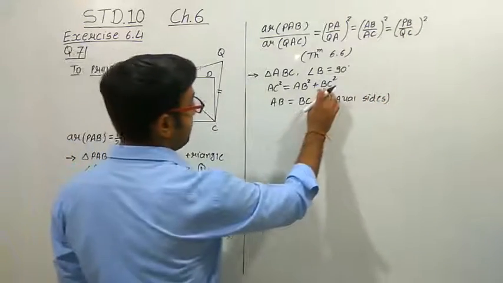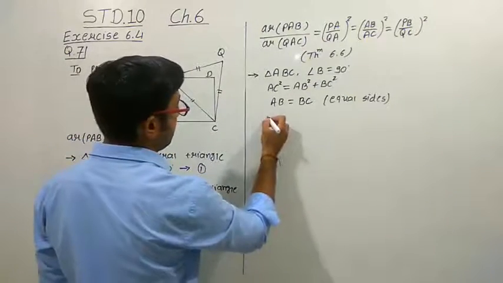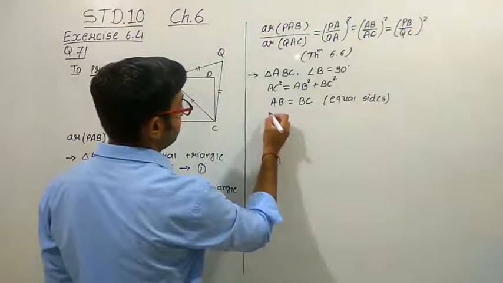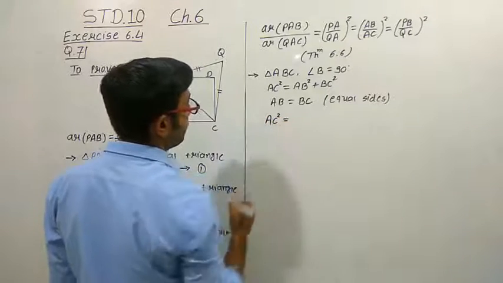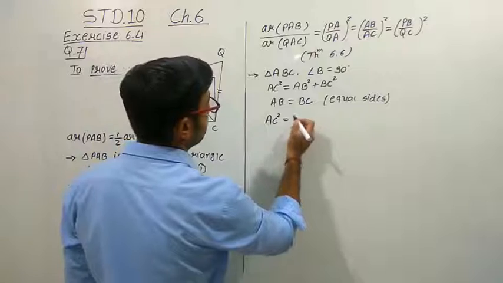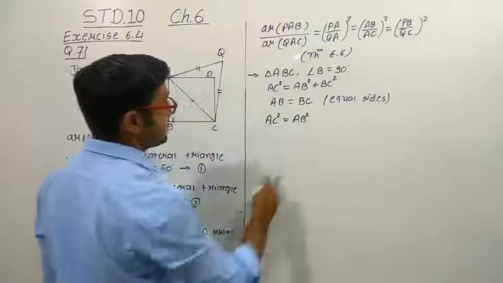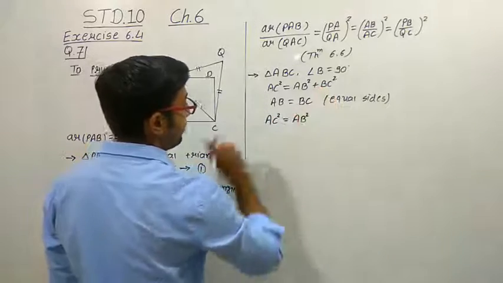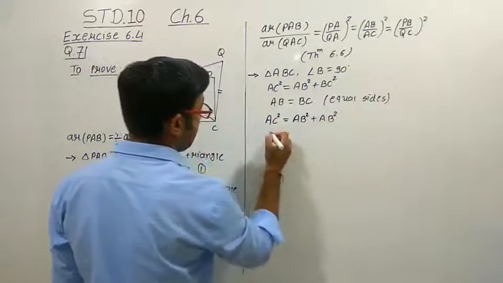So now instead of BC, we can write AB. So AC square is equal to AB square plus AB square, that is 2 times AB square.